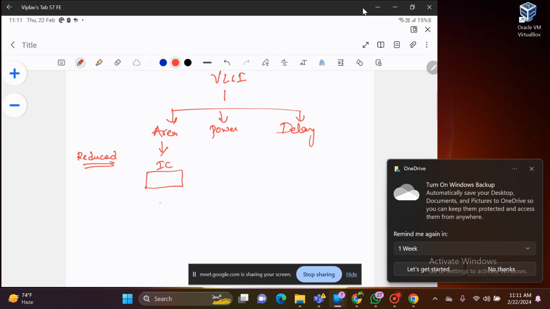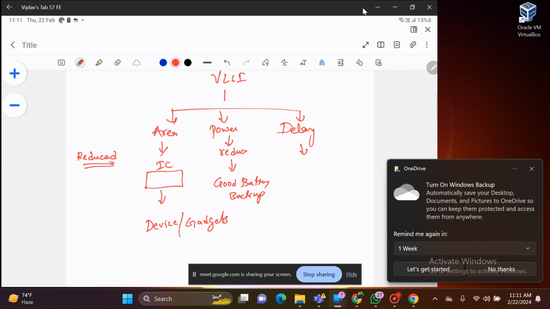When the IC size is reduced, the device size is automatically reduced. Then comes power consumption. If power consumption is reduced, only then will you have good battery backup.